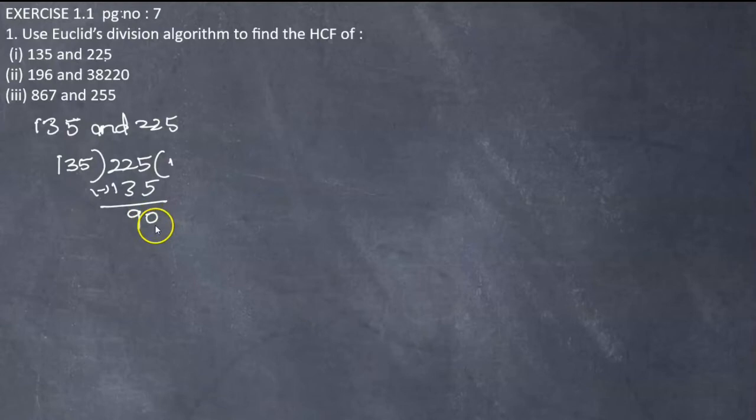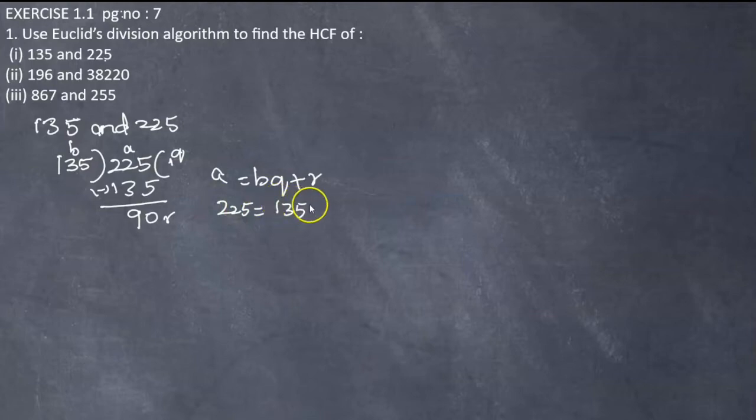So since this is not equal to 0, we know A equals BQ plus R. So what is A? So A, B, Q and R. So what is A? 225 equals B, 135, into Q is 1, plus R is 90.